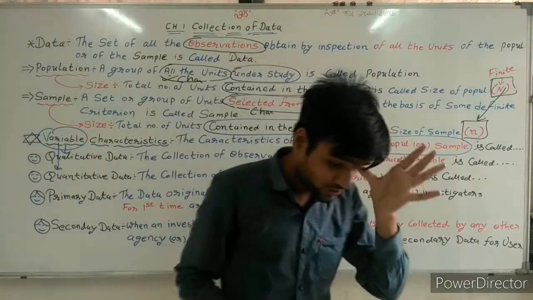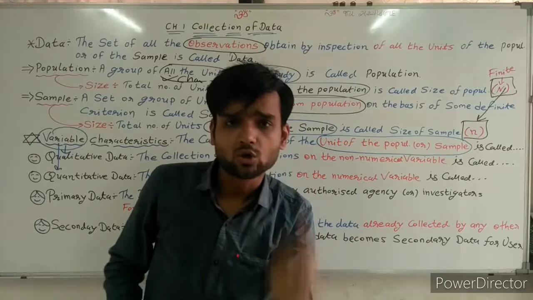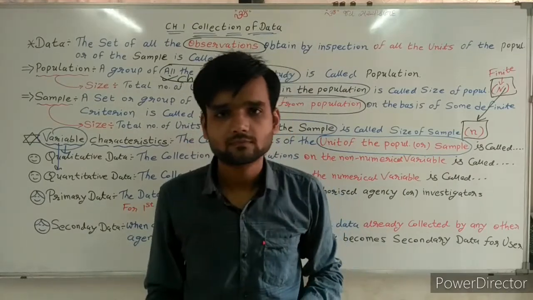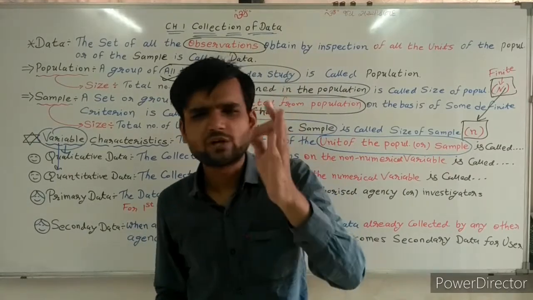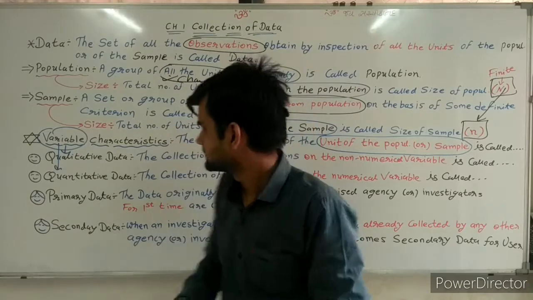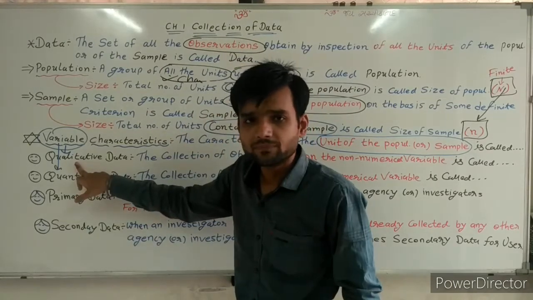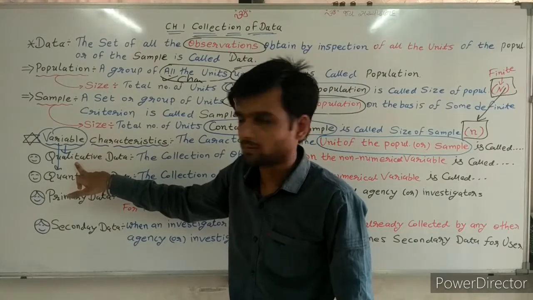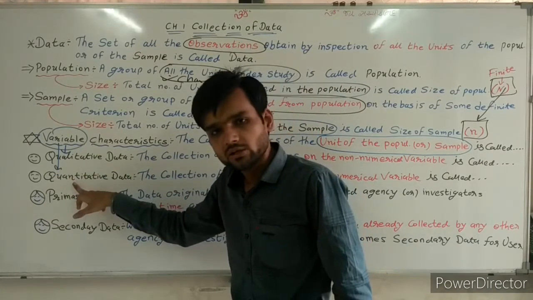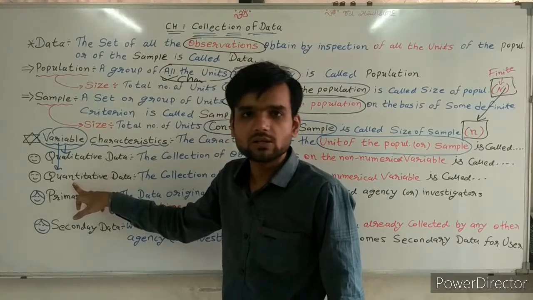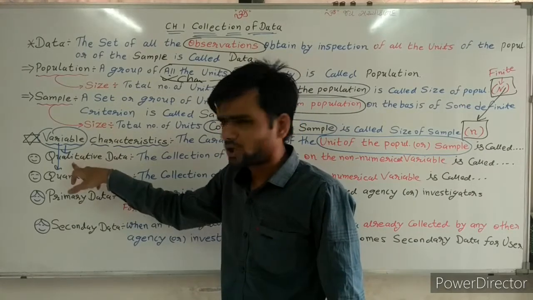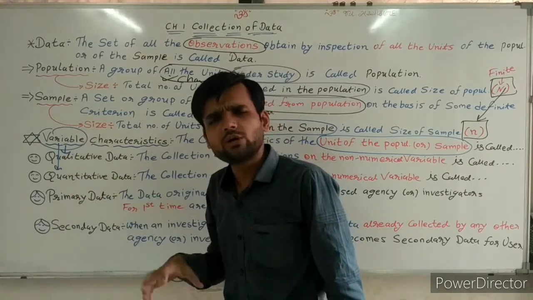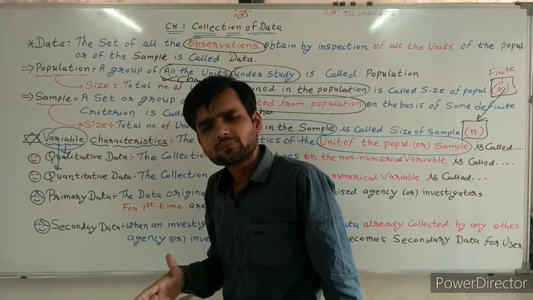Qualitative variable, quantitative variable, qualitative data, quantitative data. So in one word I can say quality cannot be measured, not measurable. Quantitative is measurable. So not measurable, how is it? How?